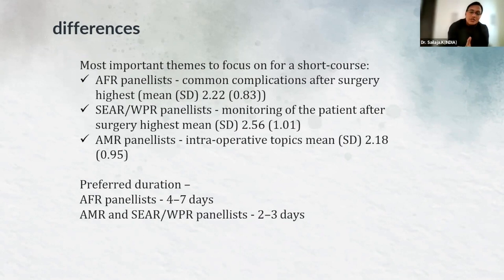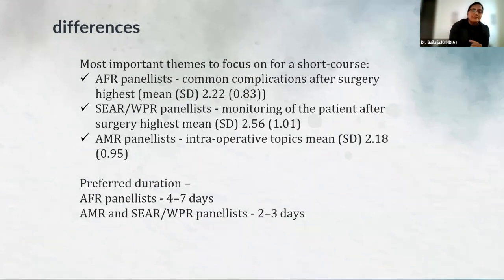Also, the preferred duration for the short course was different, with the African panelists saying 4 to 7 days is required for the short course, whereas the other panelists agreed that 2 to 3 days is sufficient.